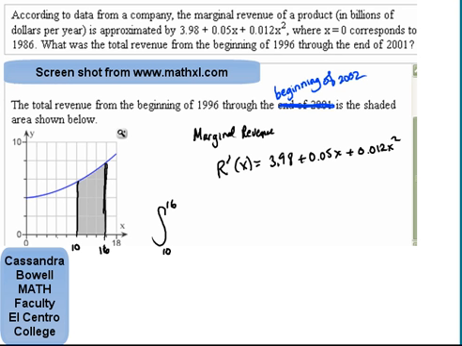Add it all up: the whole area under the marginal revenue curve is the same thing as finding the accumulation of revenue from the beginning of 1996 to the beginning of 2002. So that's the integral that we're going to compute, because they gave us marginal revenue here.